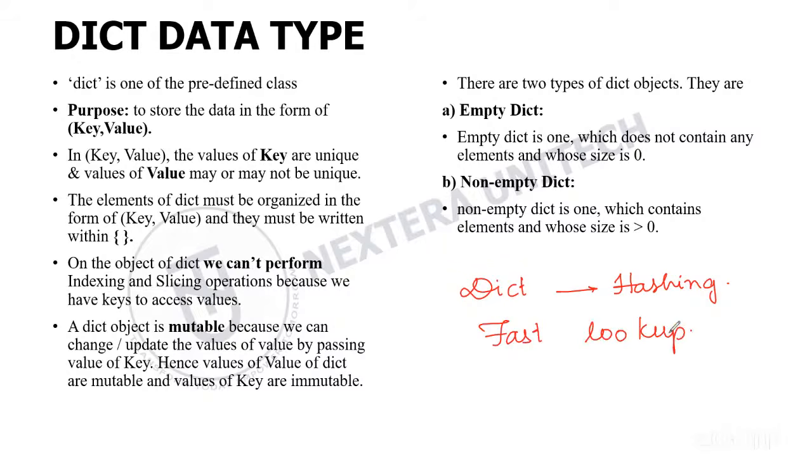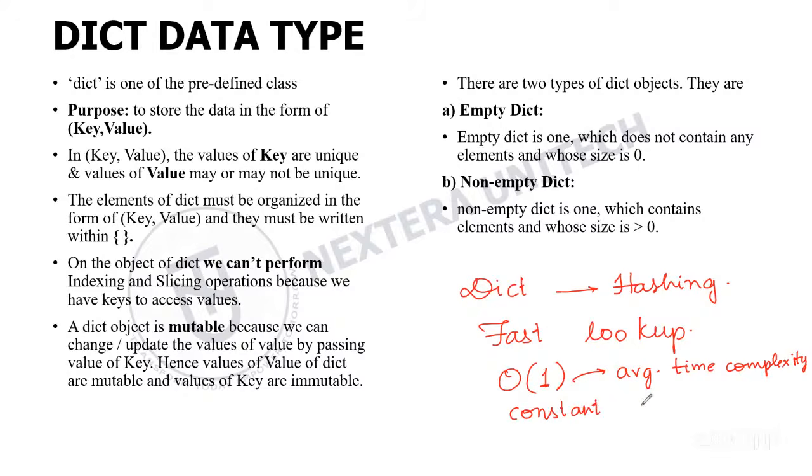That means we can search elements very fast in a dictionary, and the time complexity is the same as a set, that is O of 1. This is the average time complexity. O of 1 means it will take constant time for searching any value.